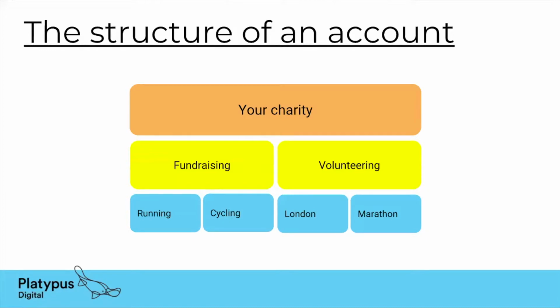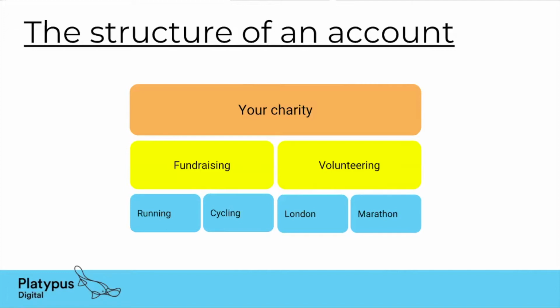Here's an example. The name of your charity would just be the name of the account. You might then have separate campaigns for each of the main calls to action that your charity has. For example, you might have campaigns for fundraising, volunteering, running, cycling, London Marathon. Within fundraising, you're going to have lots of different events, so you might further divide that out into types of fundraising events.